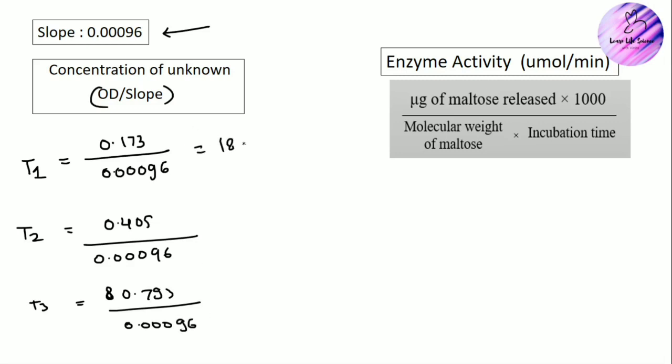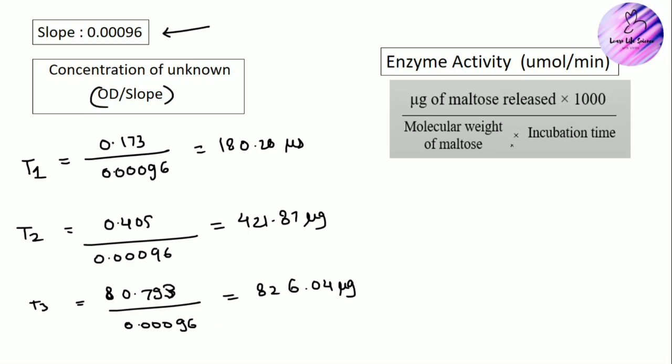After calculating, you are going to get 180.20 microgram for this, 421.87 microgram for this, and 826.04 microgram for this. I have already calculated everything, so you should know the method of calculating the concentration, therefore I am doing it directly.